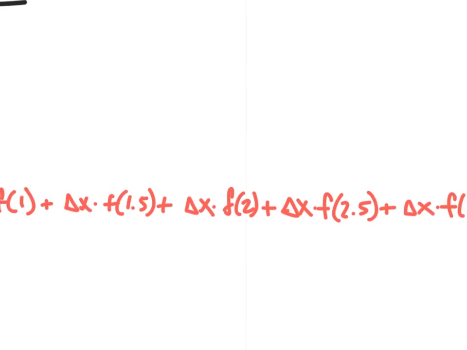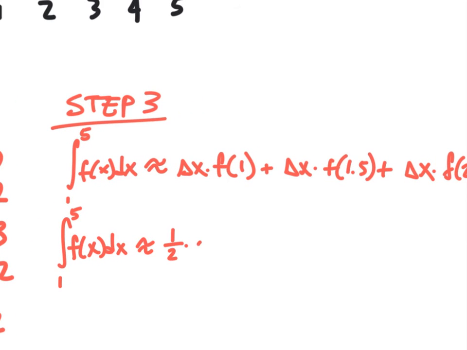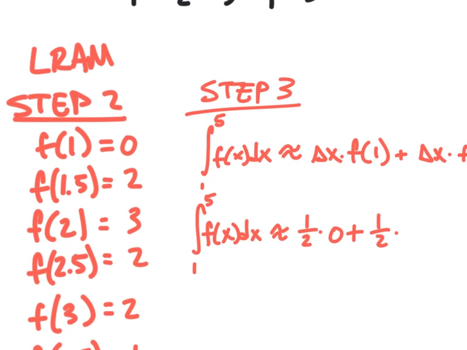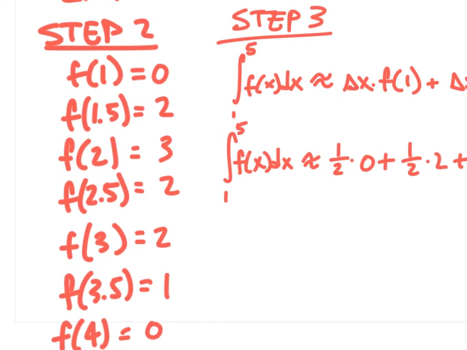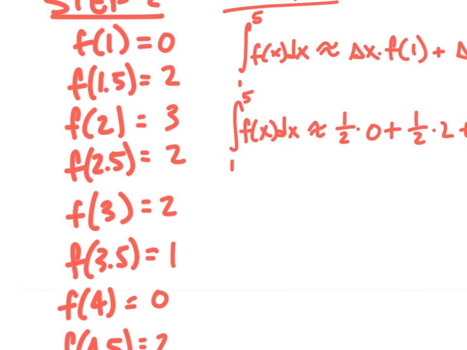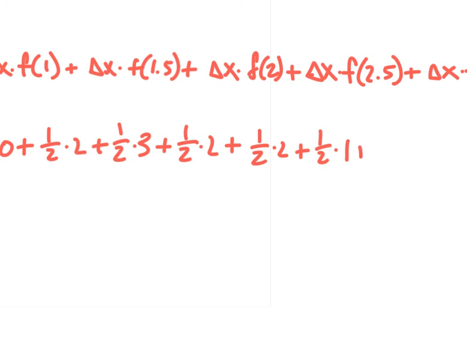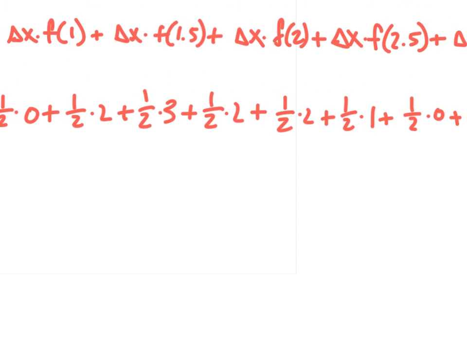So what I want to do now is plug in what I have for these values. So the integral from 1 to 5 of f of x dx is approximately 1/2 times 0, plus 1/2 times 2, plus 1/2 times 3, plus 1/2 times 2, plus 1/2 times 2, plus 1/2 times 1, plus 1/2 times 0, plus 1/2 times 2.